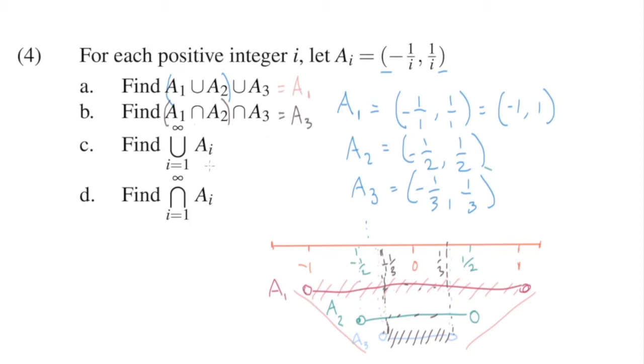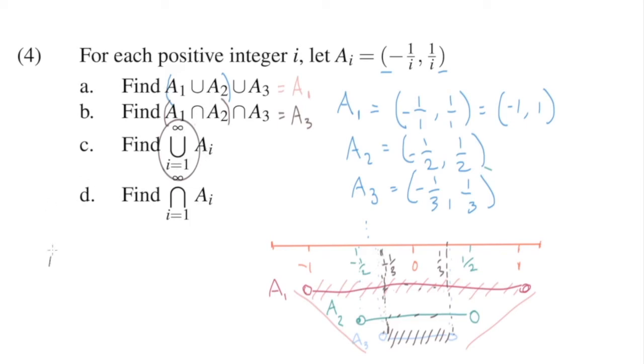Now, you might be wondering what this symbol is here. This symbol is just a generalization of this symbol here. What this is saying is, take the union, so we've got the big U for union, of A1, A2, A3, A4, A5, all the way up to infinity.